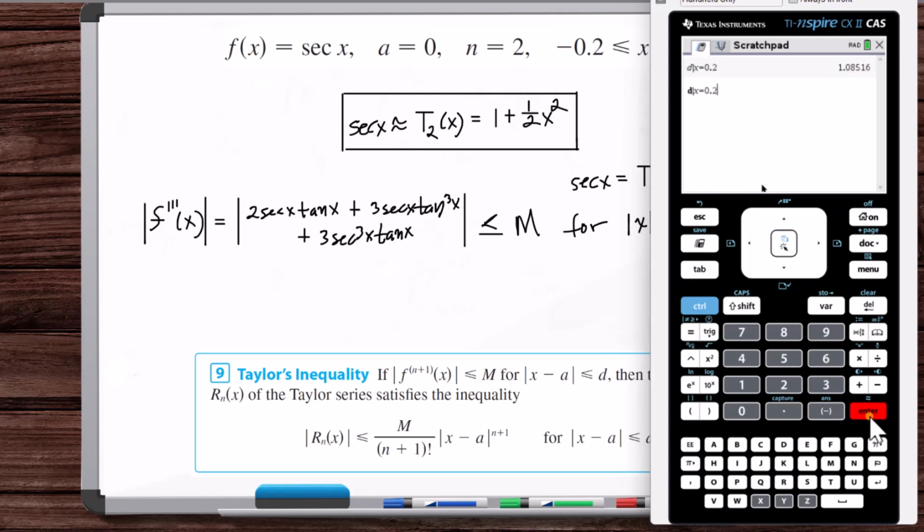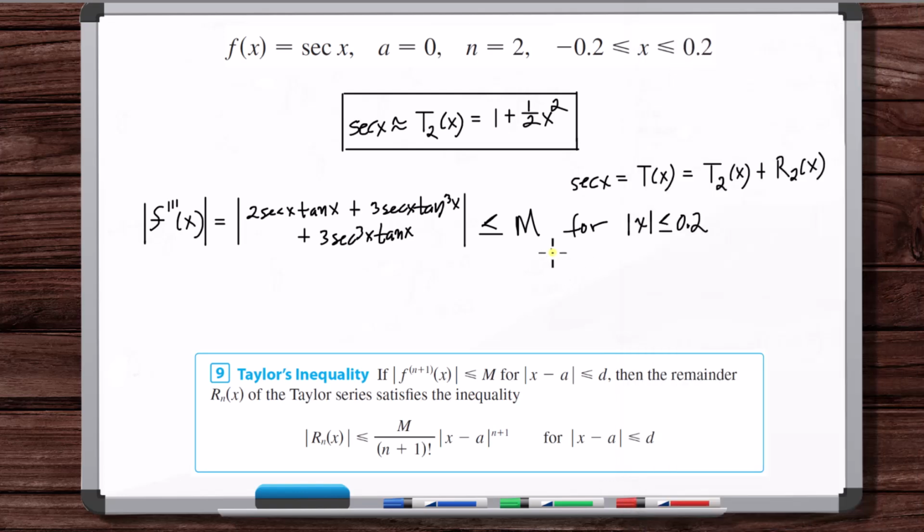Now let's just check the other endpoint to make sure maybe they're different. No, they're not. So 1.08516, that's M. Okay, so there we go. We've got M. Now we have what we want.